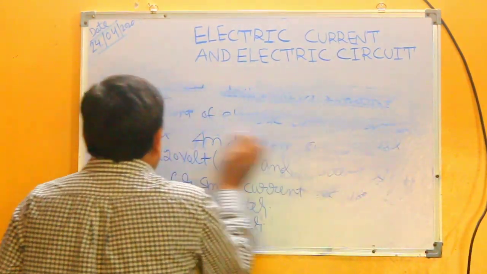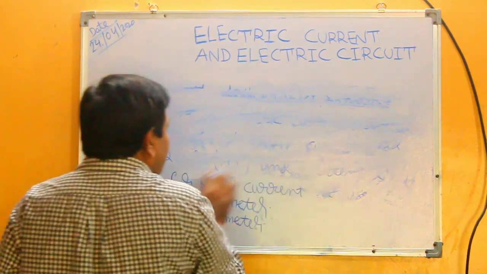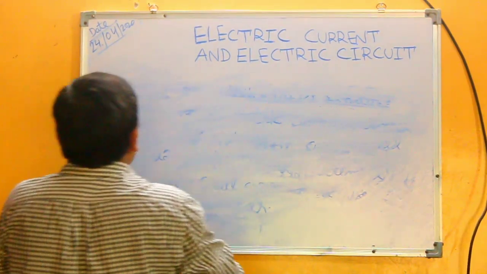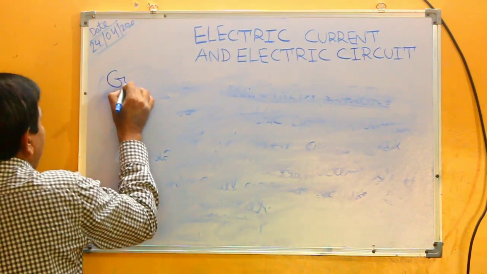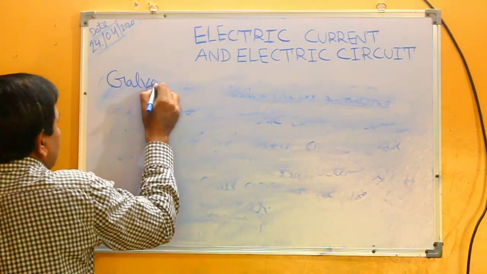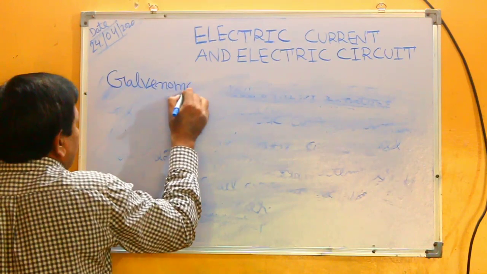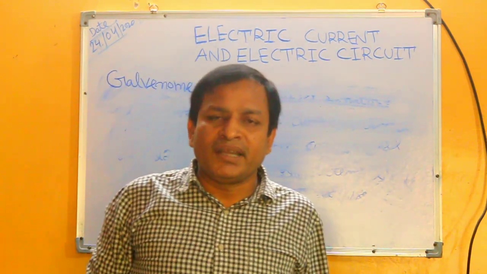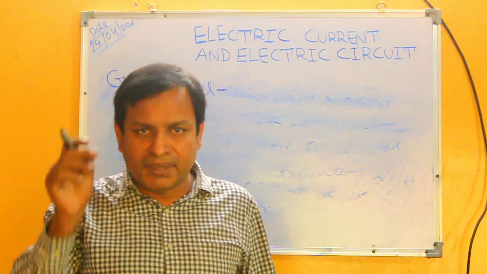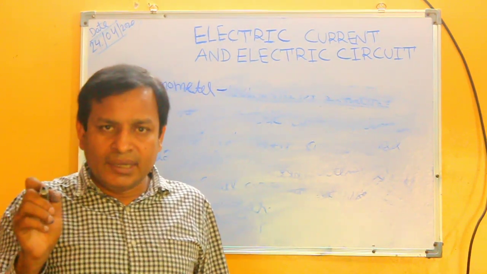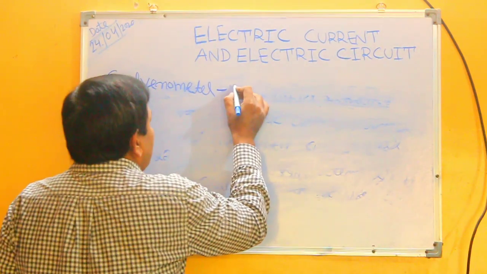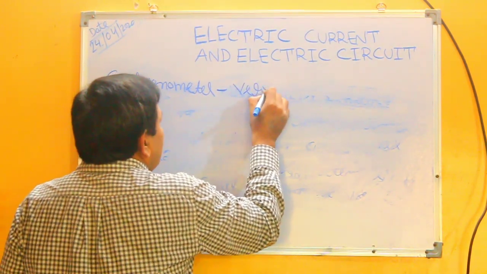Galvanometer is a very highly sensitive device which measures the feeble amount of electric current in an electric circuit.